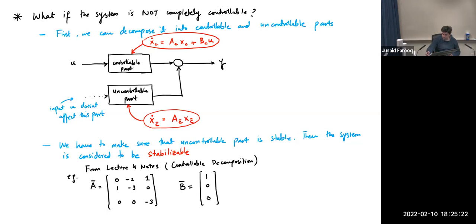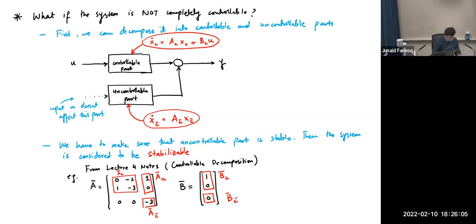So essentially, this part is the A bar controllable, right? This piece here was the A bar uncontrollable, and this is just A bar 1, 2. This piece here is the B controllable, and this last element is the B uncontrollable.